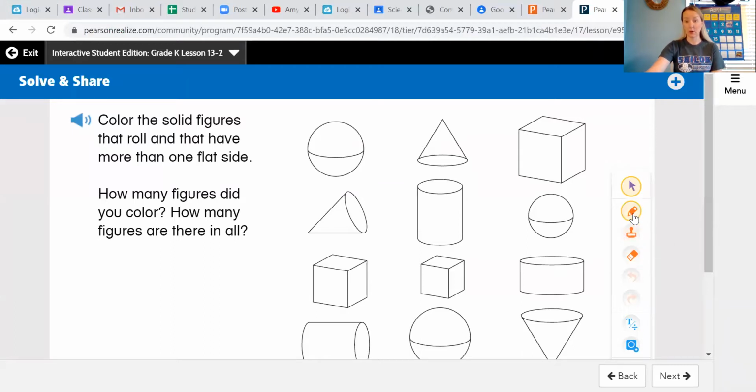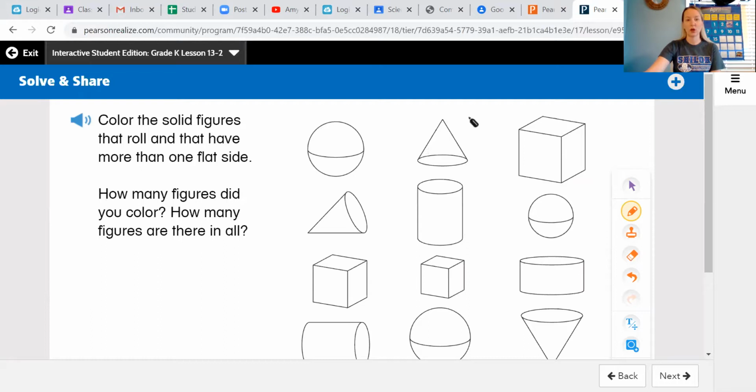So let me get out my crayon here. I'm going to go with purple today. So let's just go one by one. Here is a sphere. Can it roll? Yes. Does it have more than one flat side? No, so we cannot color that one.